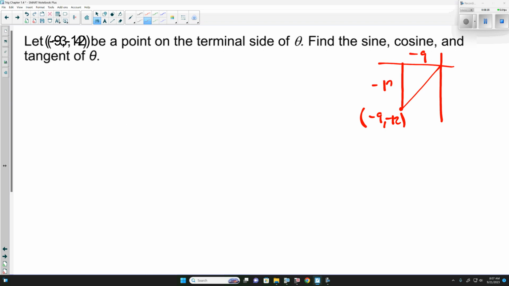The x distance is -9, and the y distance is -12. Which tells us we need to find the hypotenuse. Anybody have a guess of what the hypotenuse is?